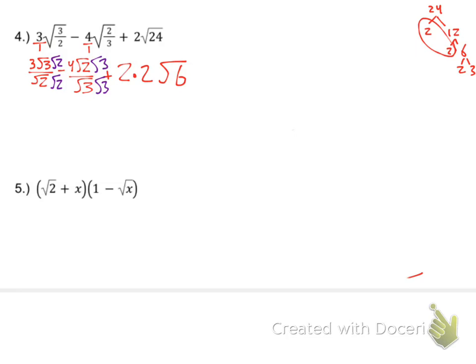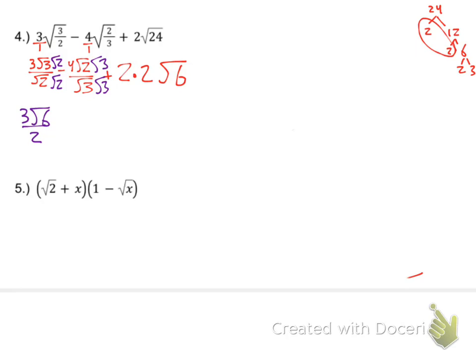Square root of 2 times square root of 2 is 2. On the top, I have a 3, a square root of 3 and a square root of 2. Well, square root of 3 times square root of 2 is square root of 6. The 3 is on the outside, so I have 3 square root 6. Everybody with me? Yes.